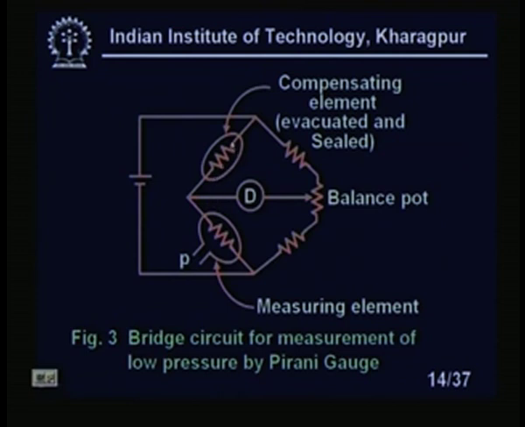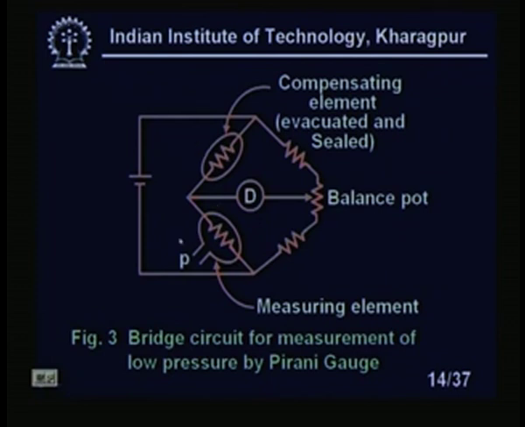This will be the compensating element, so it will be evacuated to a very low pressure and then sealed, right. And this will be, as usual, the normal Pirani gauge, where the low pressure will go inside this region. Now, if due to an environment temperature change there is any change of resistance, there will be a similar change of resistance here, because these 2 gauge elements are exactly identical.